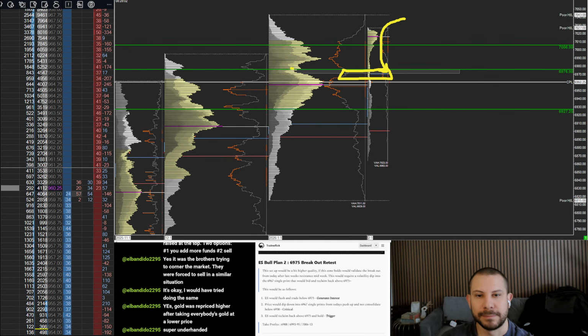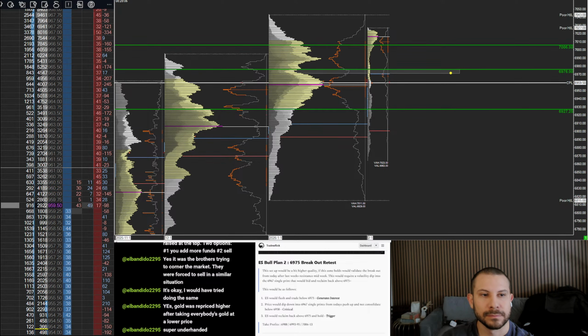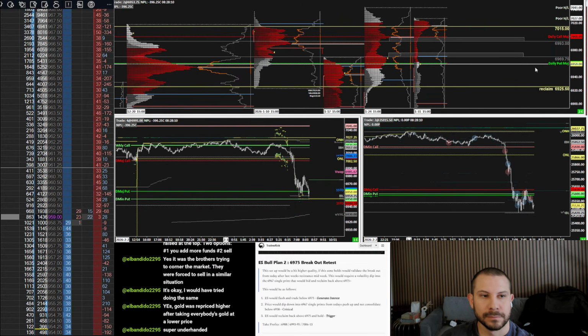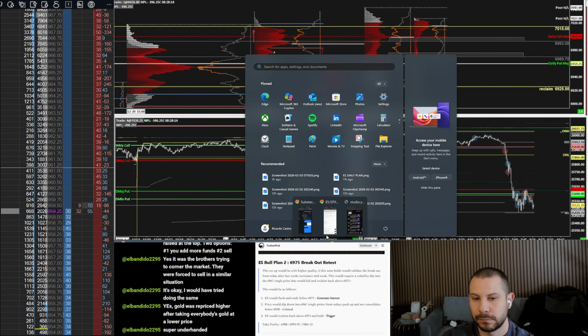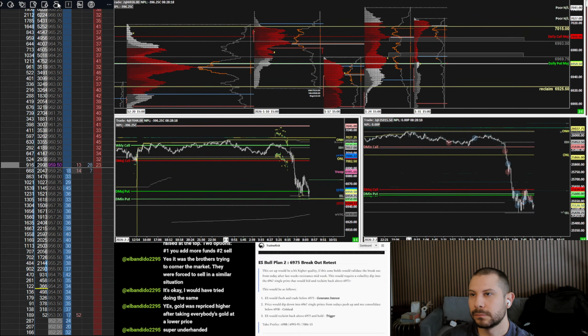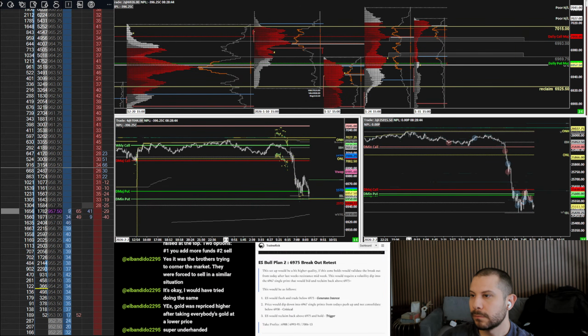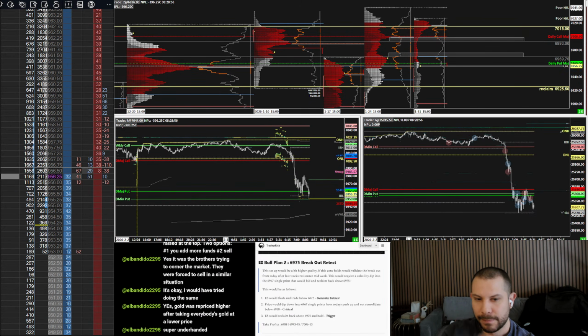As long as we keep holding below this large low volume node, it should break down past the 50s and into 36, where this value area low is for the week. It should break down and test here.